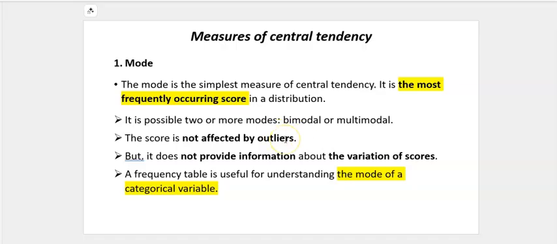We say that assuming everybody answers the survey question, it will be between 1 and 2. There will be no outliers. They don't provide the information about the variation of scores, so that is not the standard deviation or the average of the number scores. That will be just the category, one or the other. They are mutually exclusive.